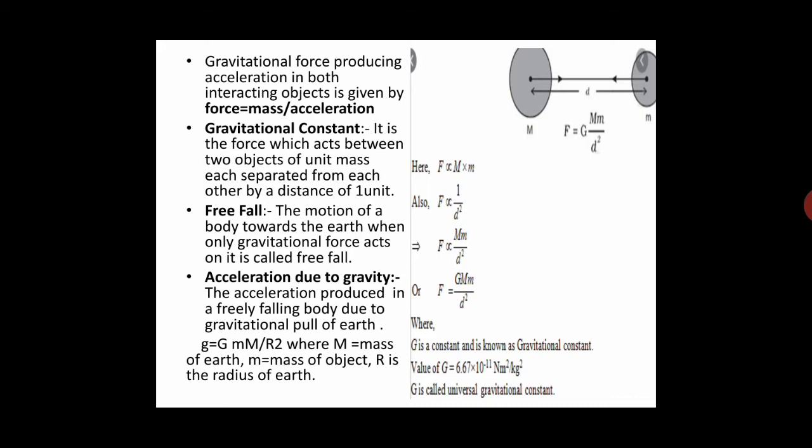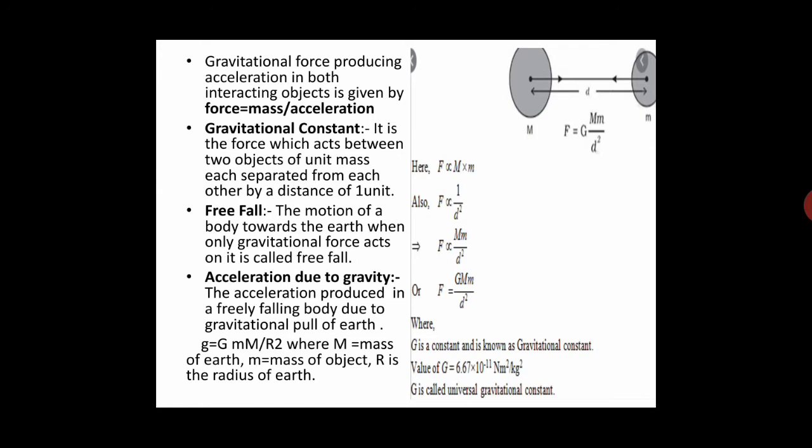So the gravitational force acting on it is F is equal to capital G, capital M into small m divided by d square, which states that force is directly proportional to the product of masses and inversely proportional to the square of distance between them.